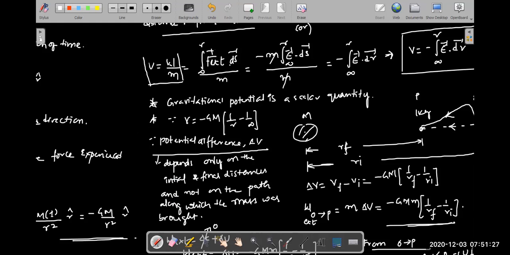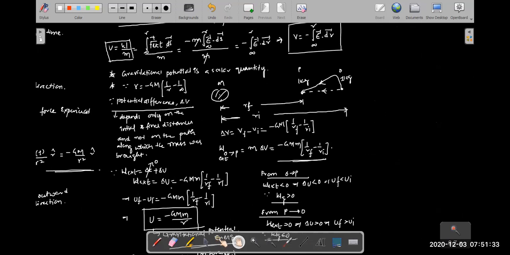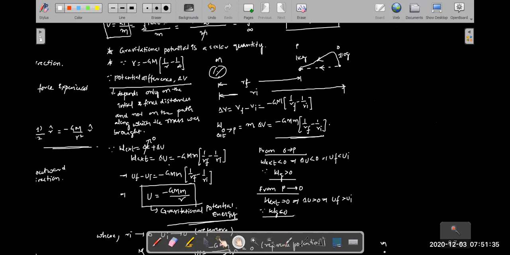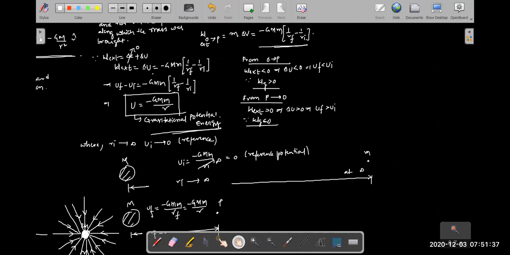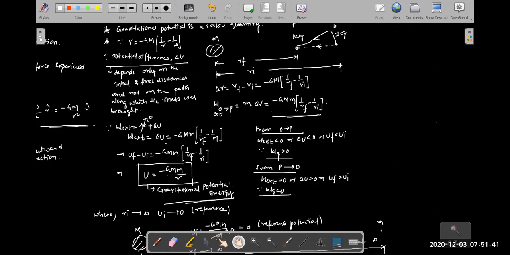Sir, on the right side, when you calculated the expression for gravitational potential energy, I didn't understand the part where you took m delta V. Work done in moving from point O to point P should be mass times potential difference, right?